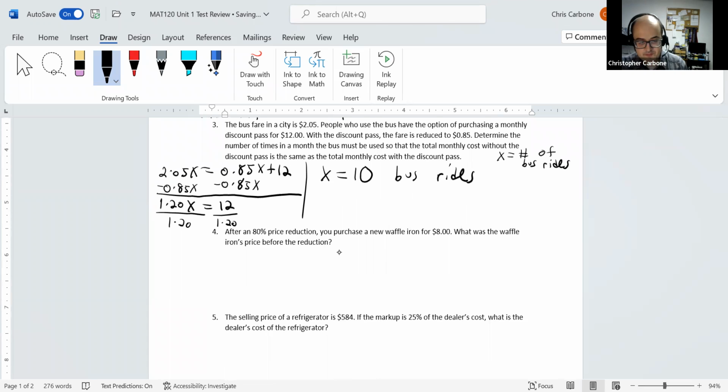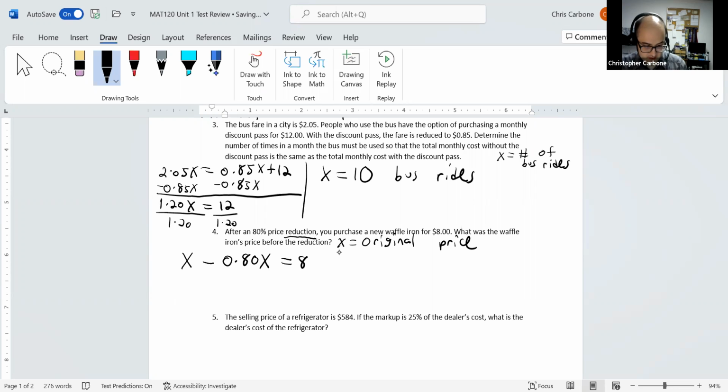For number 4, after an 80% price reduction, you purchase a new waffle iron for $8. What is the waffle iron's price before the reduction? So x will be our original price. We take the original price, subtract 80% of that original price to get $8.